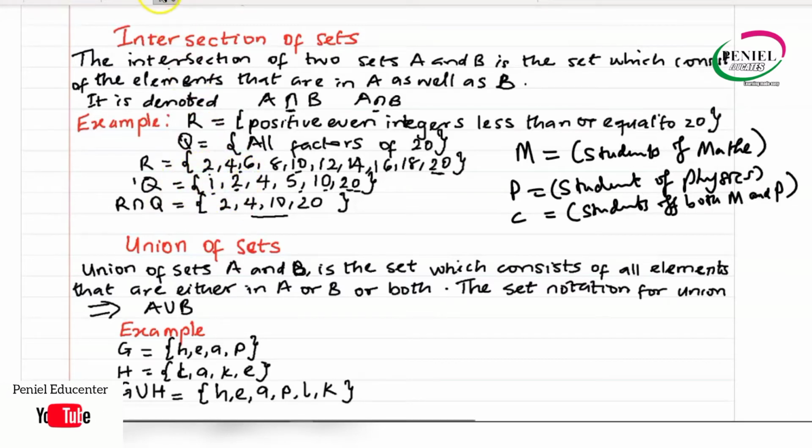You can see they have 2 in common, they have 4 in common, they also have 10 in common, and they have 20 in common. So R intersect Q will be 2, 4, 10, and 20.